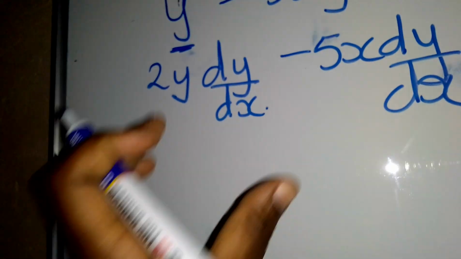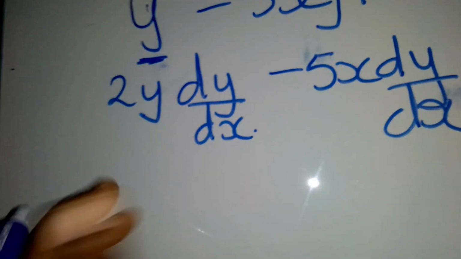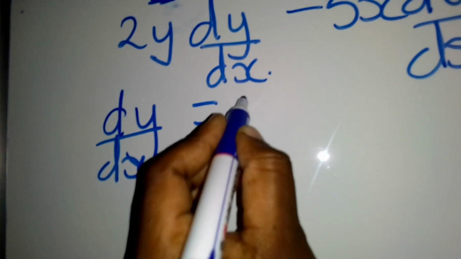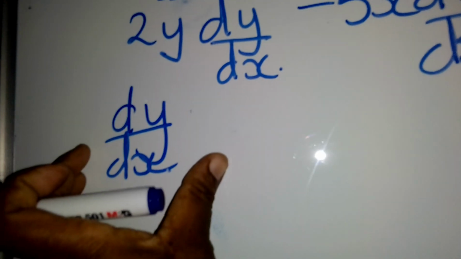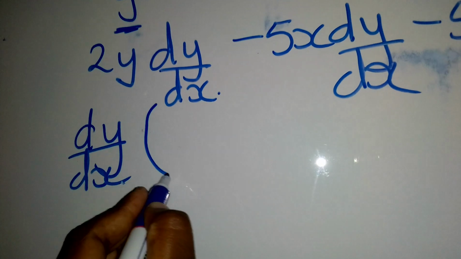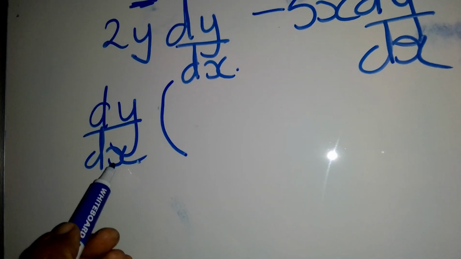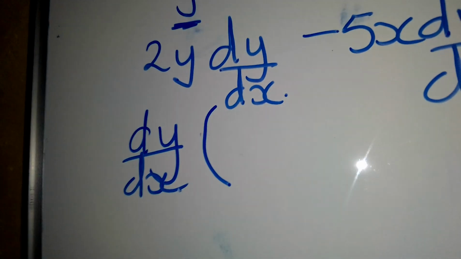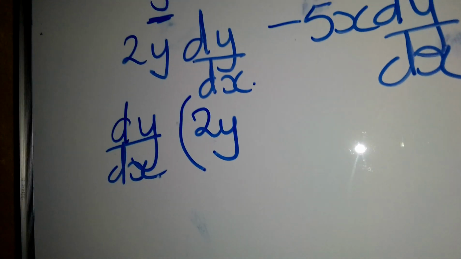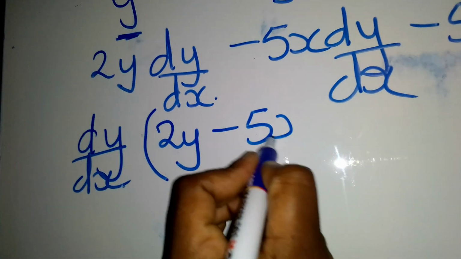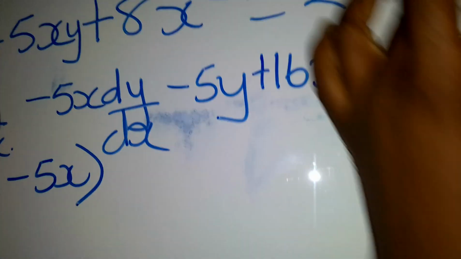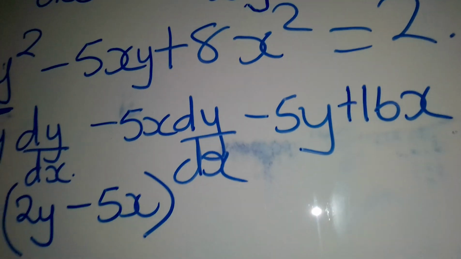Then we factor out dy/dx. So dy/dx is equal to, we factor out dy/dx. For this part, 2y dy/dx and minus 5x dy/dx give (2y minus 5x) dy/dx. Then all this crosses the equal sign.